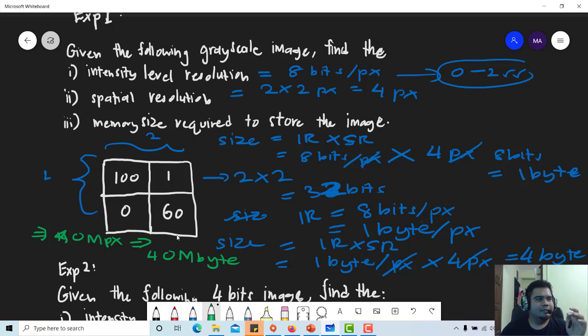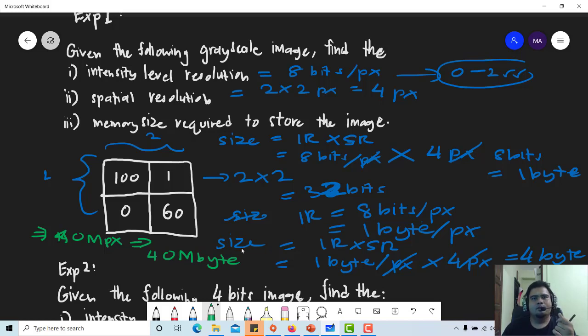If you have some higher resolution camera, like this one which is 40 megapixel, when you capture and it's saved in the SD card, it's not 40 megabyte, but just less than 1 megabyte.